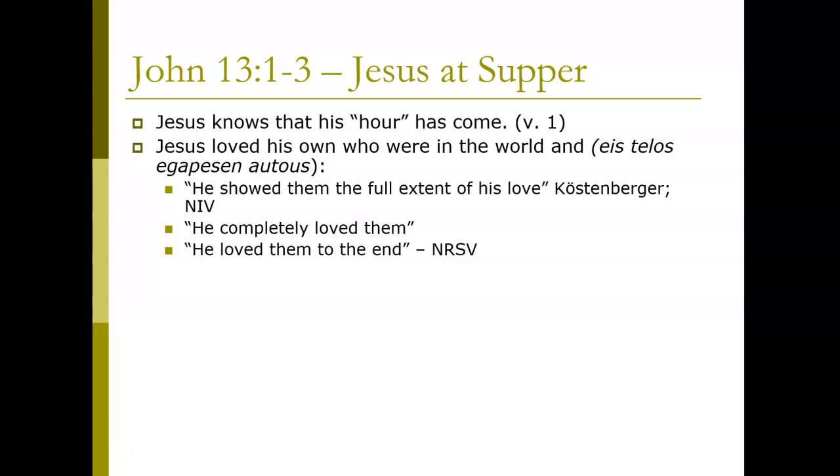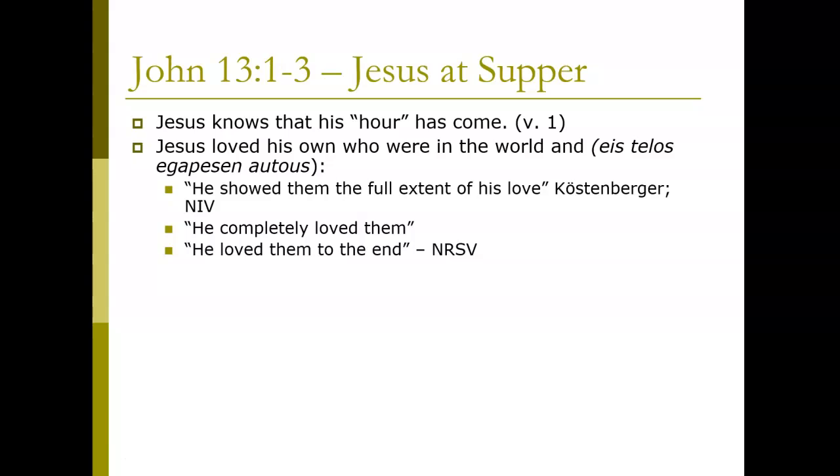So we have these different ways of understanding it, and the interest is what John is really trying to express. Whichever way we take it, the important thing, I think, is that love here is being understood in a self-sacrificing way.